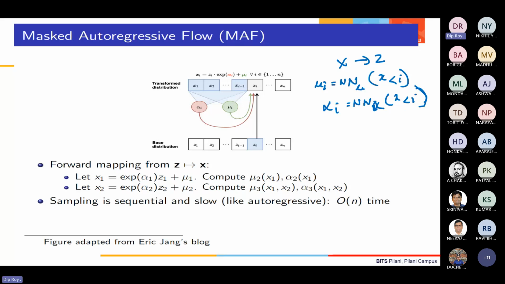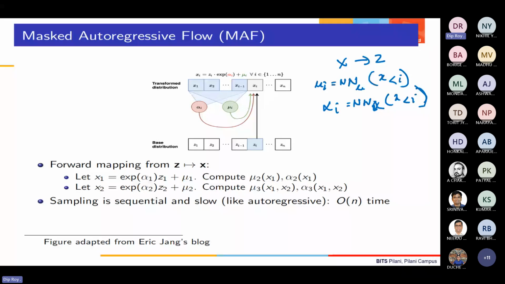What are we trying to do? We are trying to model the transformation from X to Z. For doing that, we pass X through a neural network and we get your mu and alpha. And then obviously you can use your standard reparameterization trick, or scaling and shifting, to basically get your Z's.